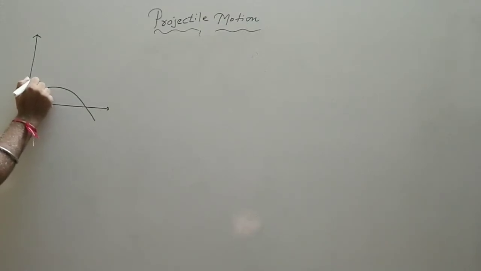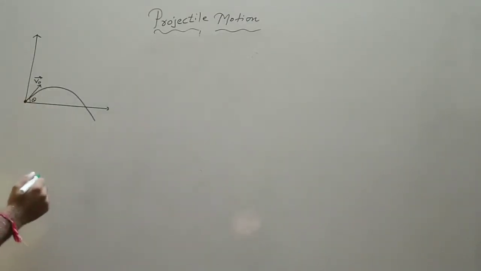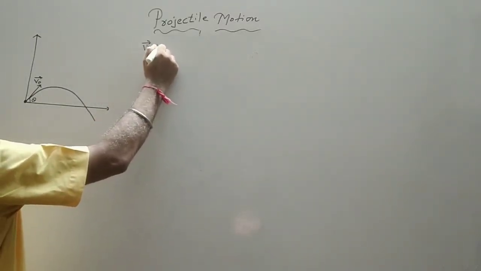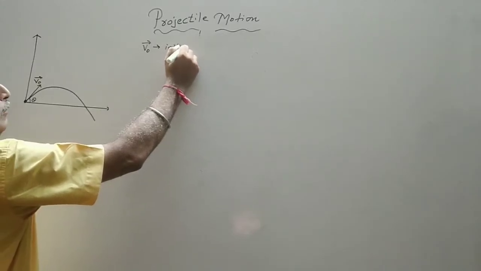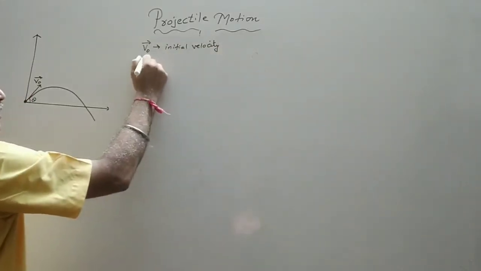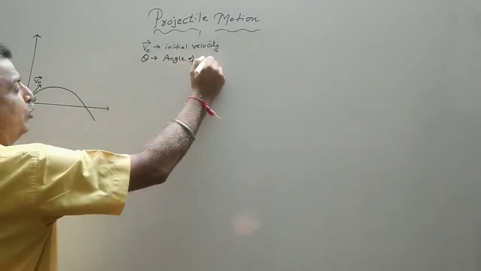Let us say the initial velocity is v naught and the angle of projection is theta. So we have projected a body where the v naught vector is the initial velocity and theta is the angle of projection.